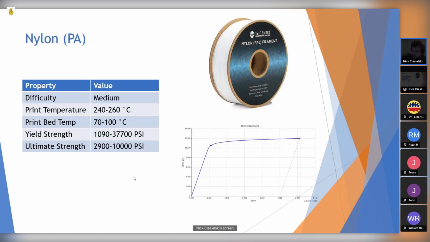Nylon. This is a more difficult one to print. It takes higher temperatures, higher bed temperatures, but now you're getting into real consumer level products, things with some actual strength, depending on what you're building or want to print.